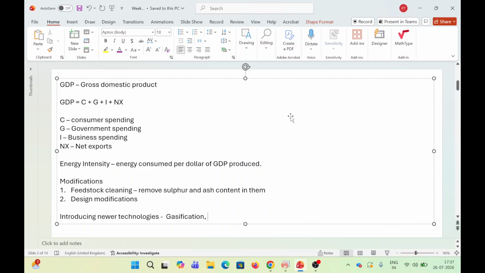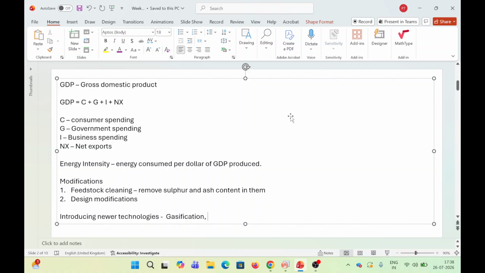Whereas in case of gasification, you provide a controlled supply of oxygen. You reduce the oxygen content. You don't supply excess air, which is greater than its stoichiometric quantity. You provide oxygen in a controlled manner so that the amount of carbon dioxide emitted from the process is also controlled, so that you can easily capture this carbon dioxide.